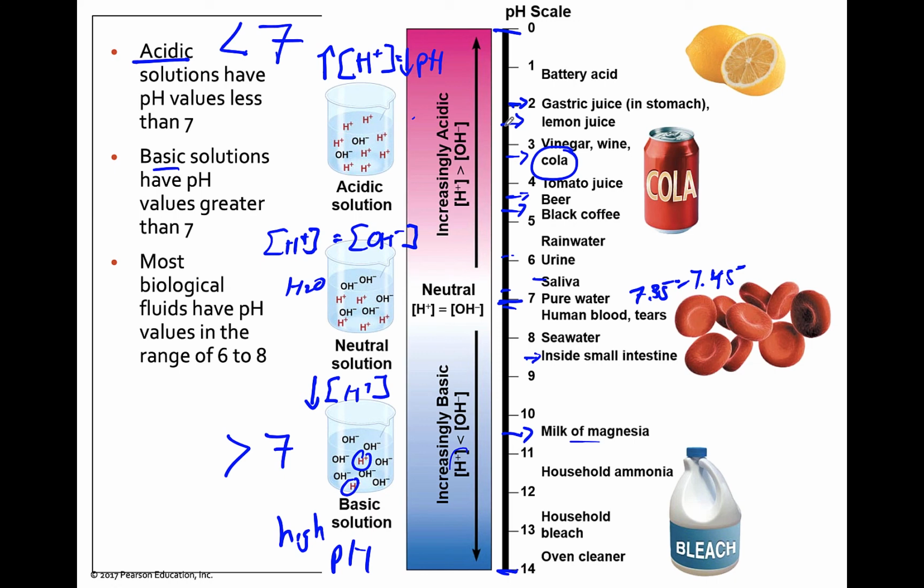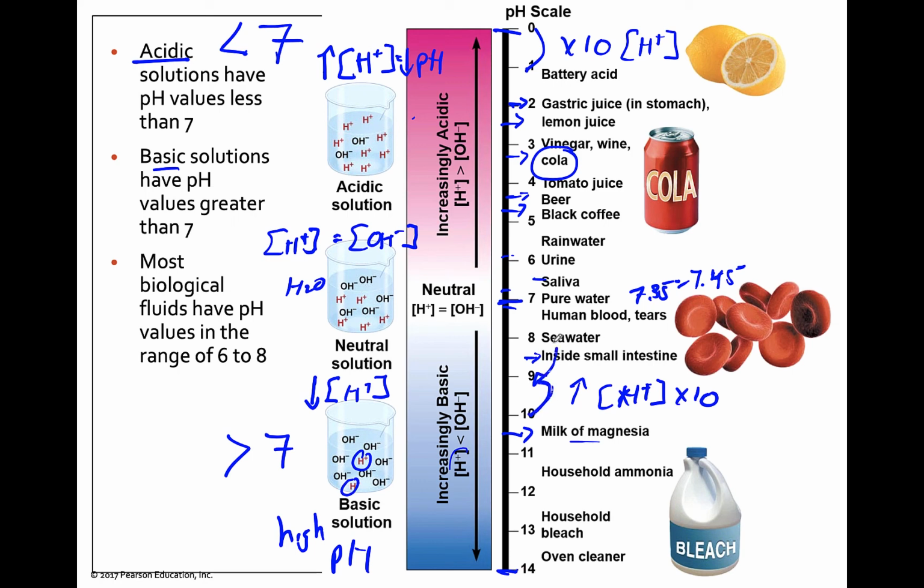One other thing to remember is that this pH scale is a logarithmic scale. So every time you see a jump from one number, that is an increase of times 10 the concentration of hydrogen ions. So when we go from 10 to 9, the hydrogen ion increases by times 10.